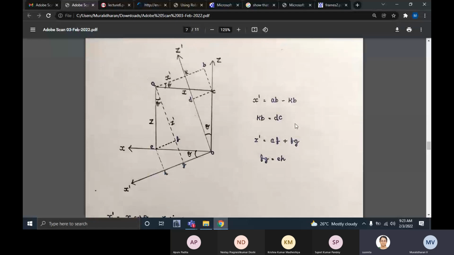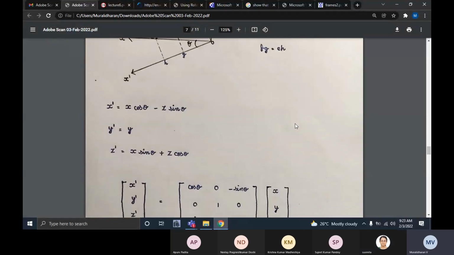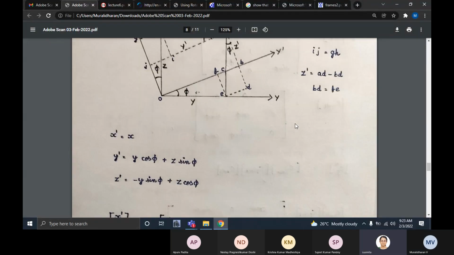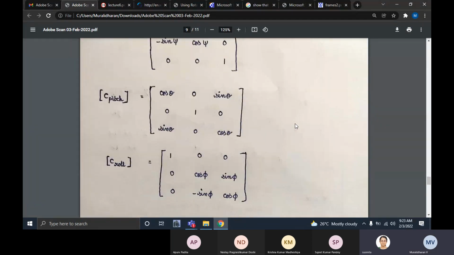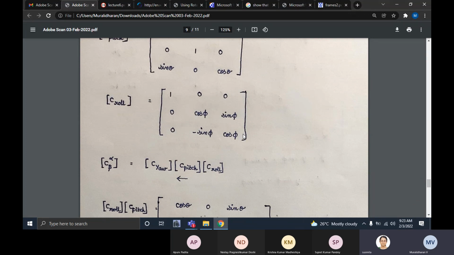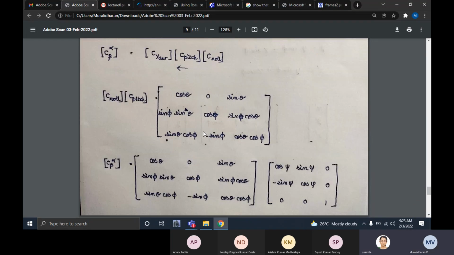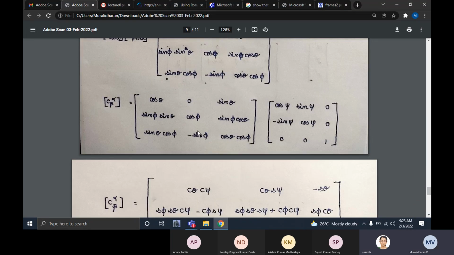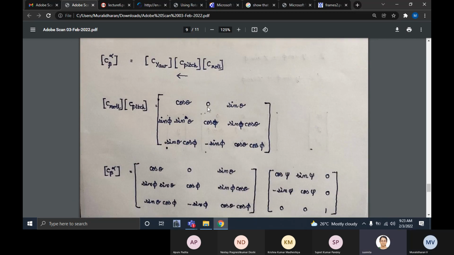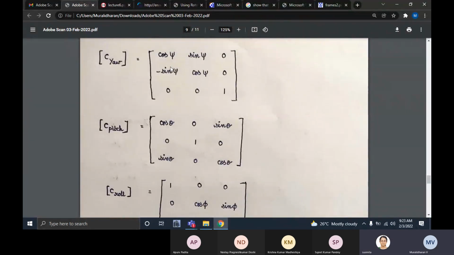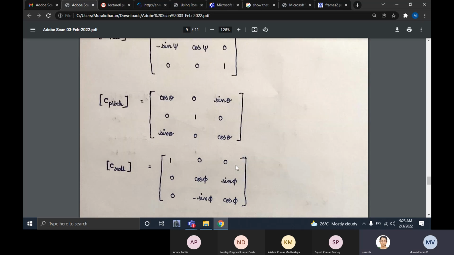This is for pitching and rolling, right? Pitch and roll I did not ask in the class. If you are done, fine. Then I took the transformation matrix. I have the same argument, so I got the three matrices. For the first one, if you fix psi, you will have one unknown, and in that way you will end up having 3 degrees of freedom.